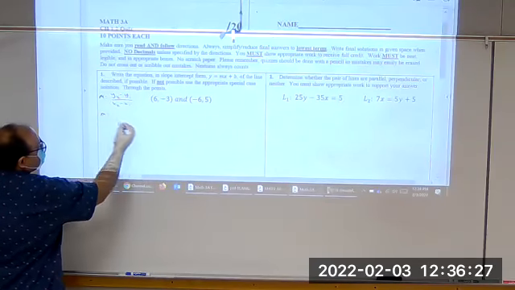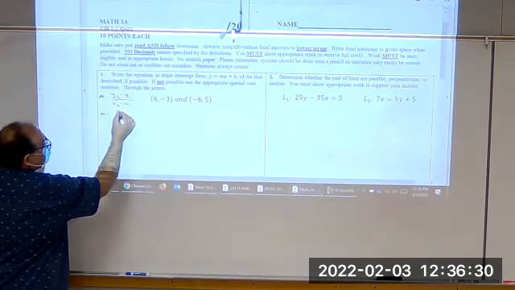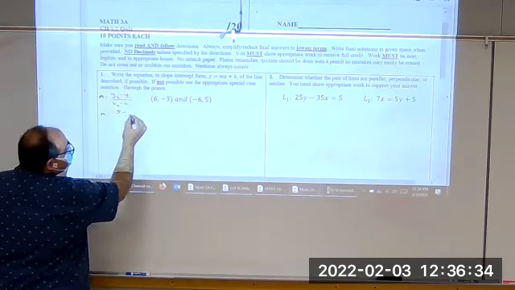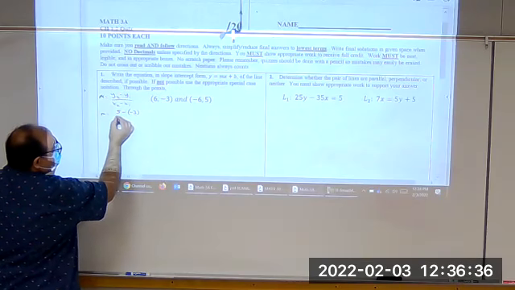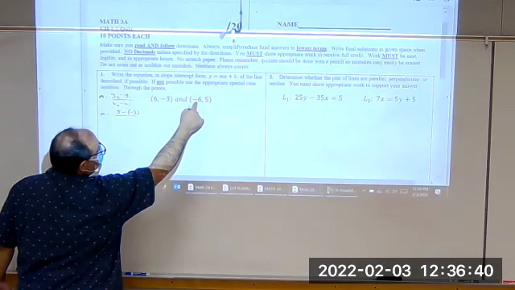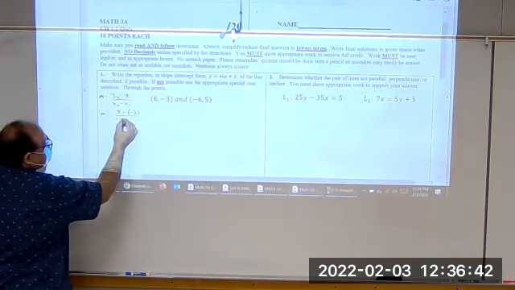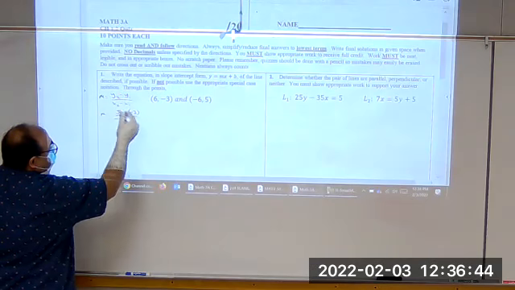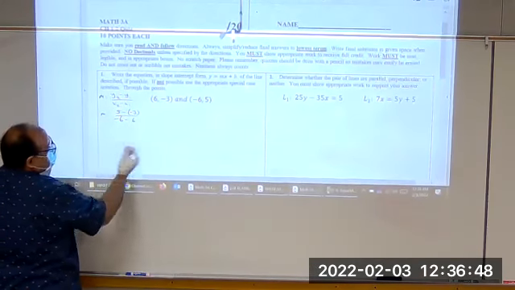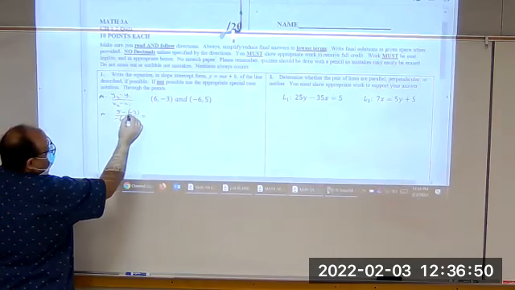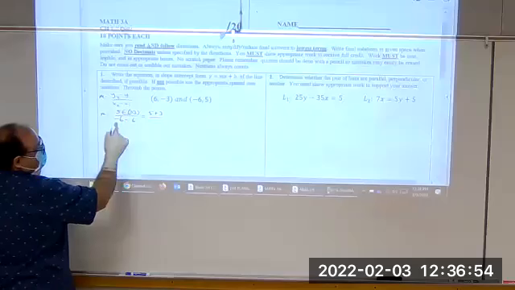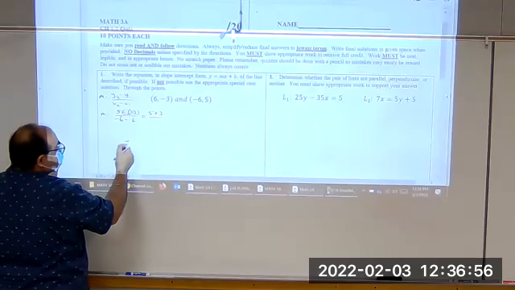So my slope is equal to that 5 minus, in parentheses, -3 over, if I start with that 5, I got to start the denominator with this x, -6 minus this 6. That becomes 5 plus 3. And this down here is -6 minus 6. That's not 0.